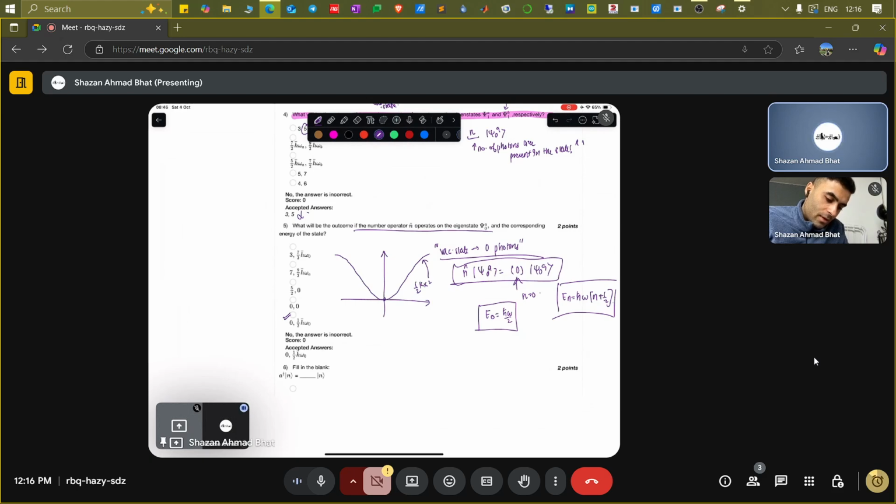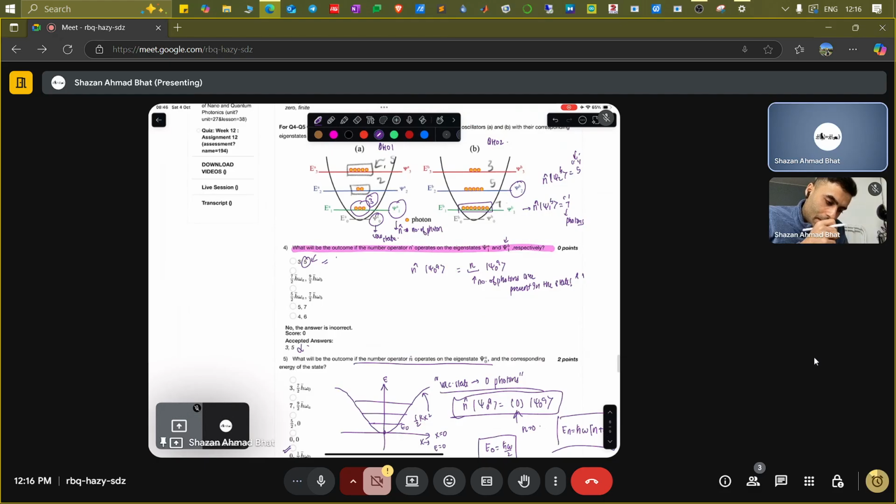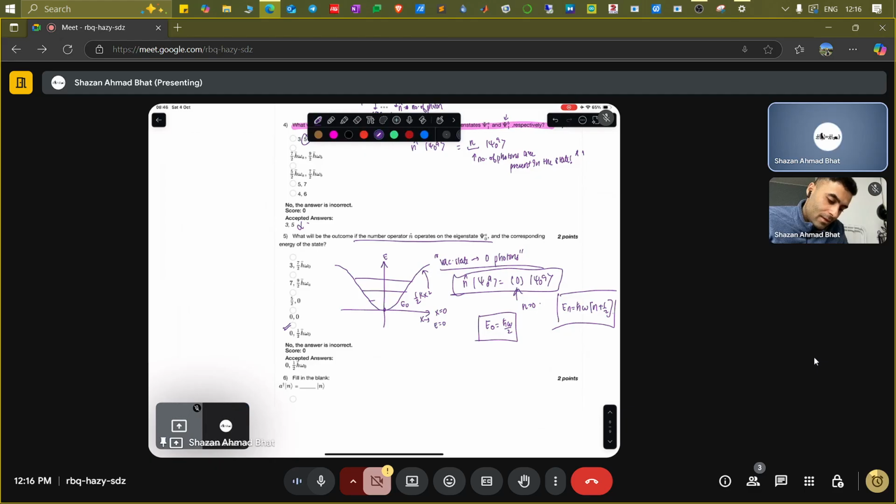It has to be here because at x equals 0, it's 0. Okay, this is x, this is E, and this is the vacuum state. So you show the vacuum state exactly like this. Let me just follow the same notation.